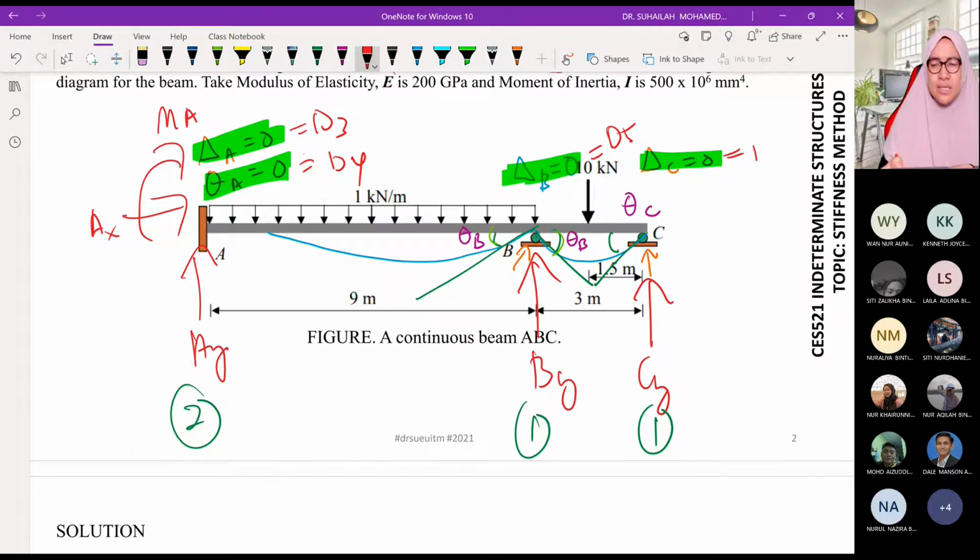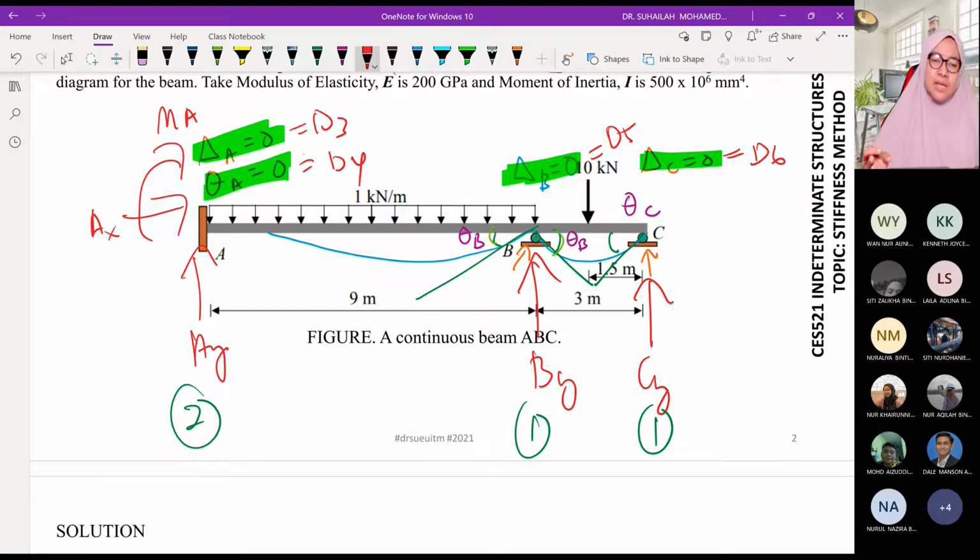This one is D6. Okay. So you cannot see D punya label tu as number. Tapi you kena tengok what is the definition, the physical meaning. So D1 representing what? D2 representing what?